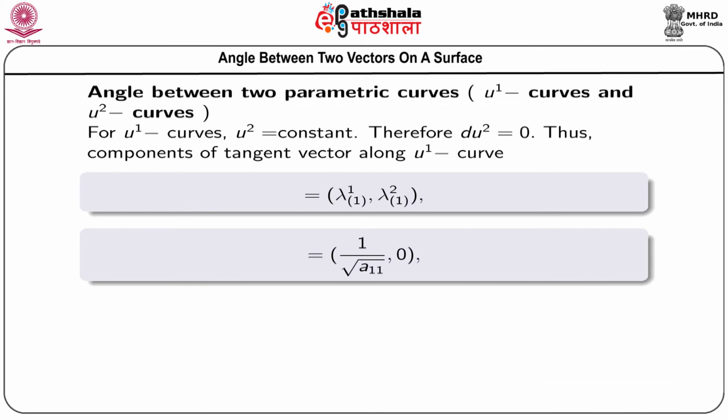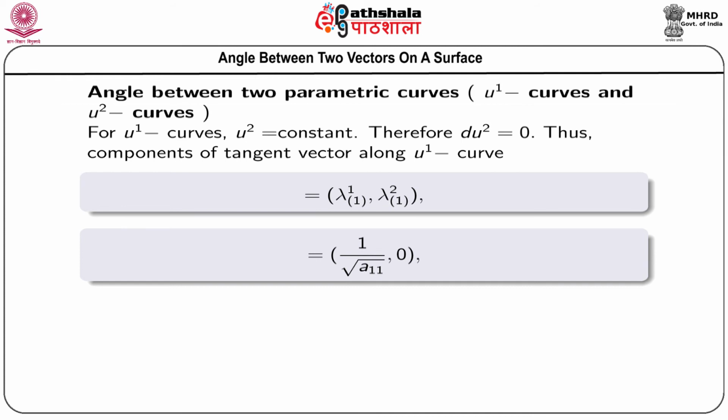and this one is coming to 1 by root a11 comma 0, because as du2 is 0, du2 ds equals to 0 and du1 ds is 1 by root a11.